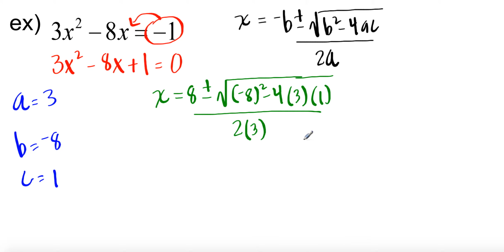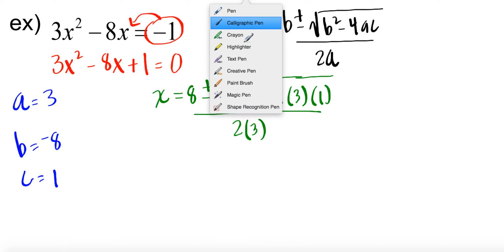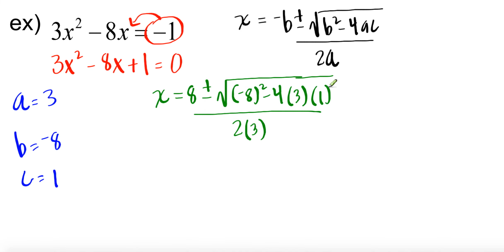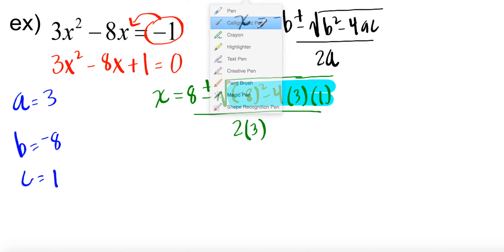And again, if you can get your calculator to work for you, you can type this entire quantity in your calculator to get the one number, and that's going to save you a lot of time. I've put the parentheses where you'll need to put the parentheses in your calculator.